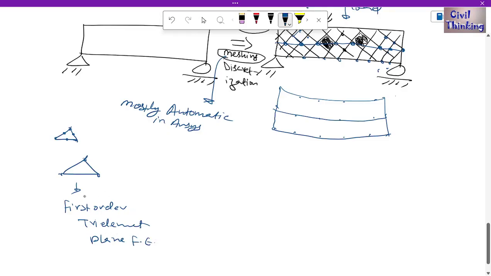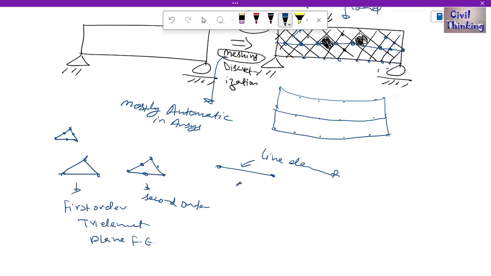Then if we want to increase the accuracy, what we do is put more nodes besides those on the edge. Then we call it second order. Again, I'm telling you it's not important. Now if we have this line element, because we have only two nodes, this is called first order.